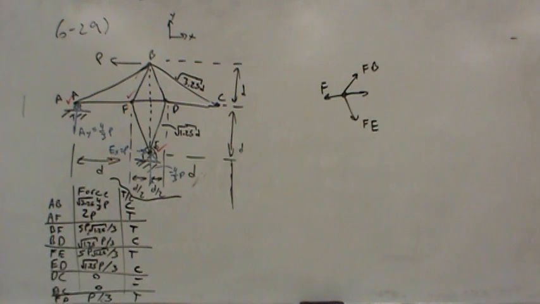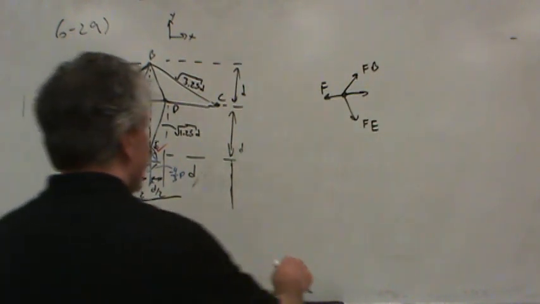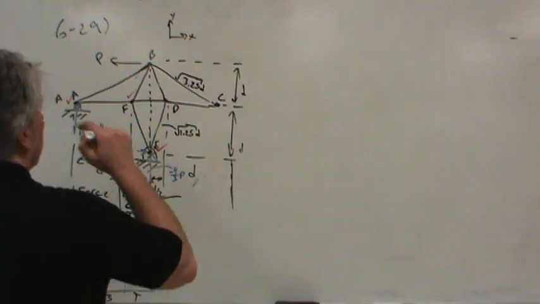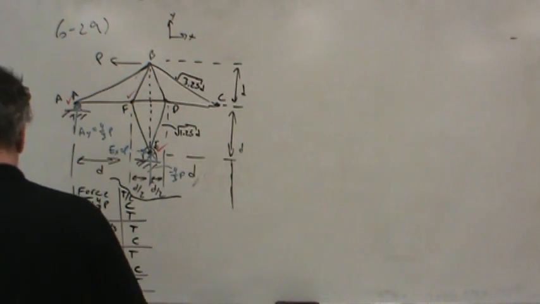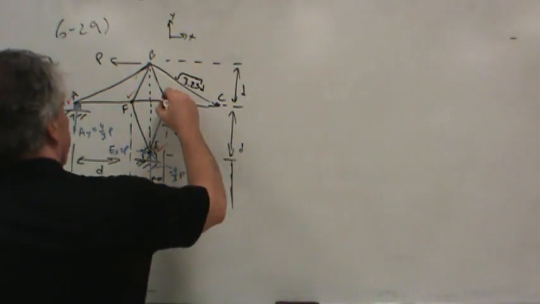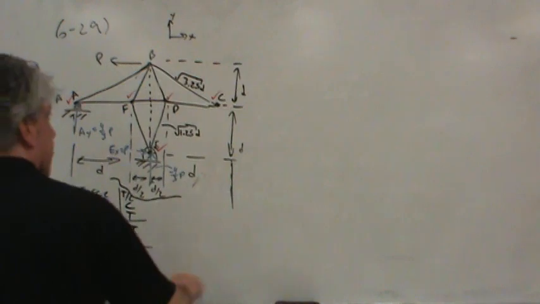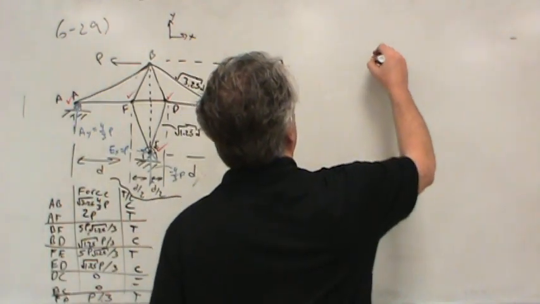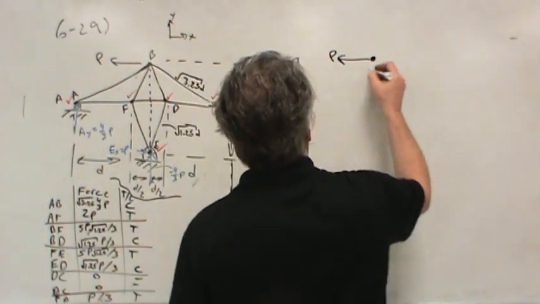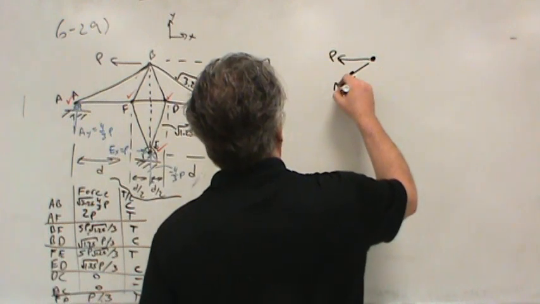And what I did is I left point B as a check. I think we've already gone through point D. Yes, and the one we just worked was point C. So now let's check and see if point B is in fact in static equilibrium. So let's see, AB.